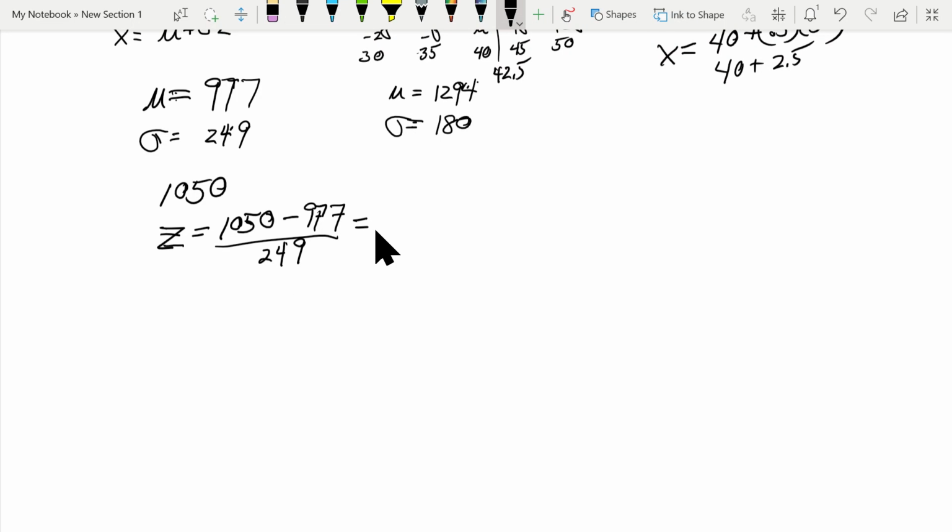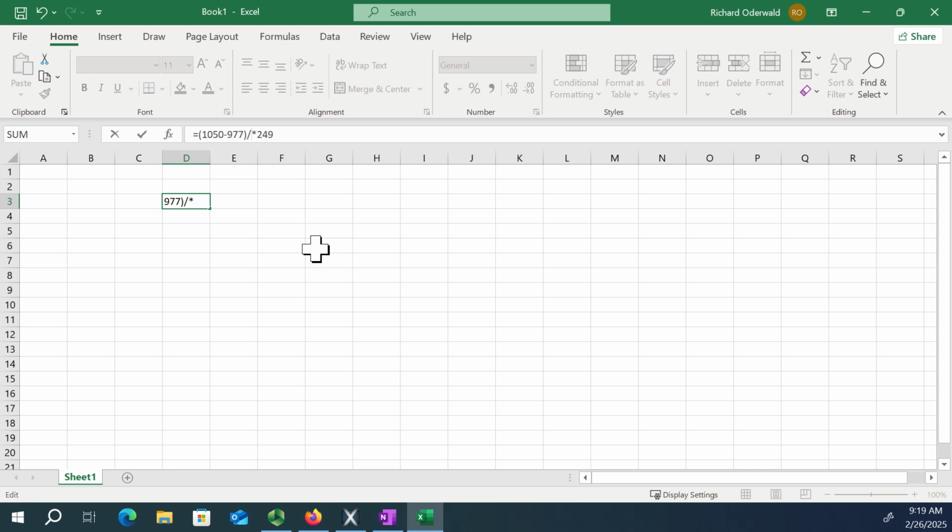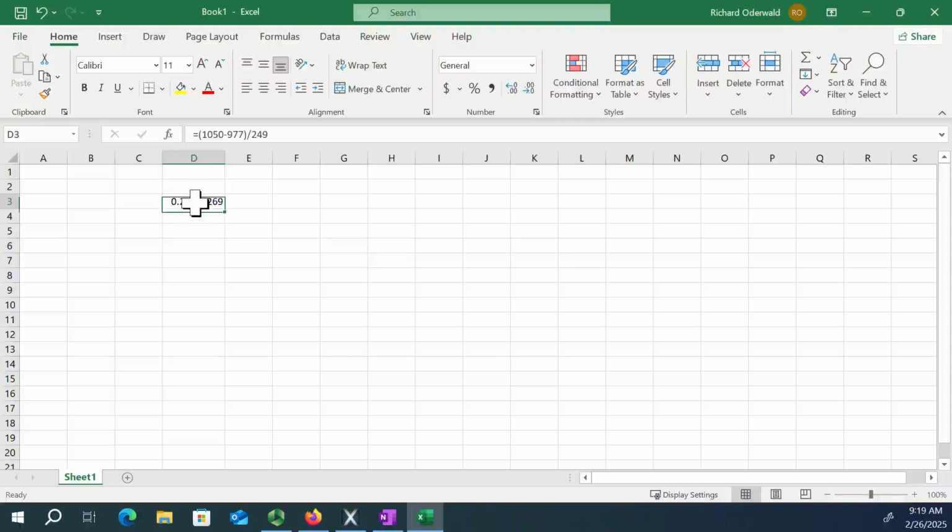Where is this score relatively in a standardized distribution? That score is 0.29 standard deviations above the average. The z is 0.3 basically.